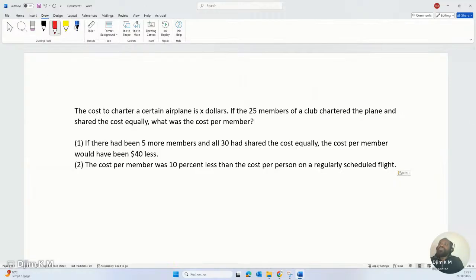Okay. So we have the cost to charter the airplane is X dollars.